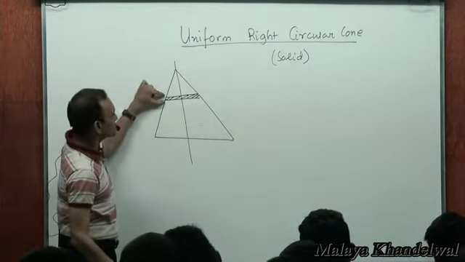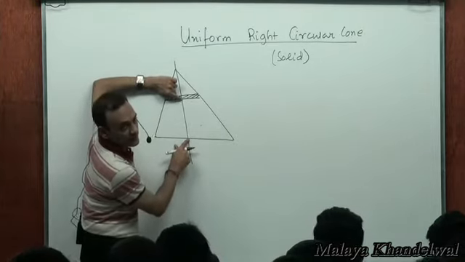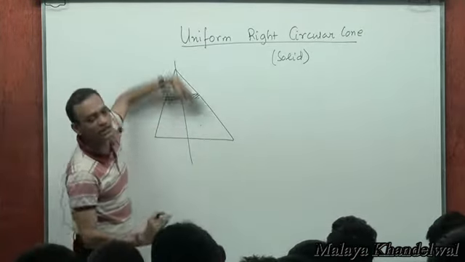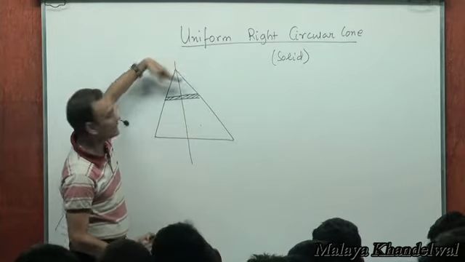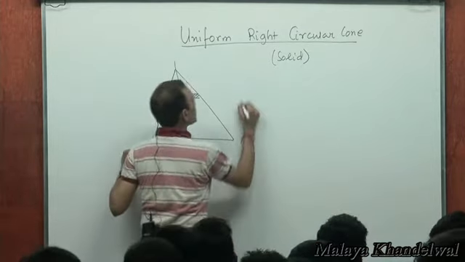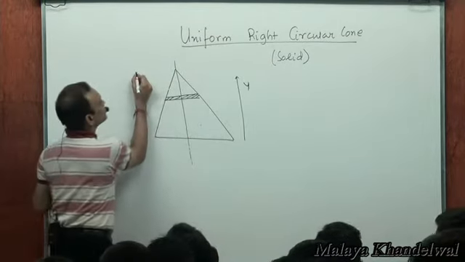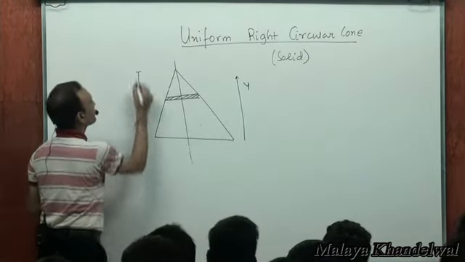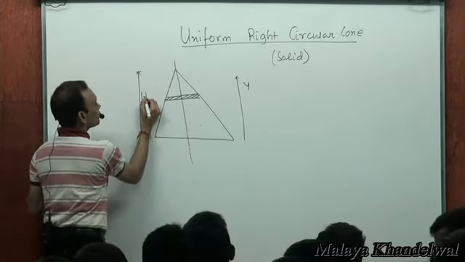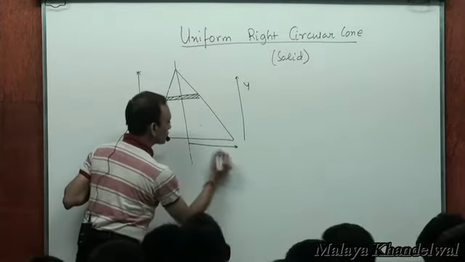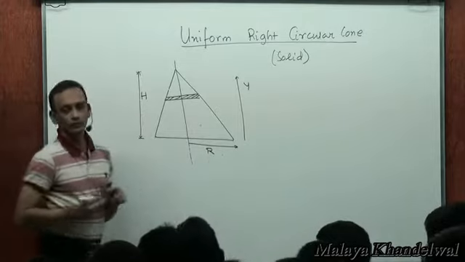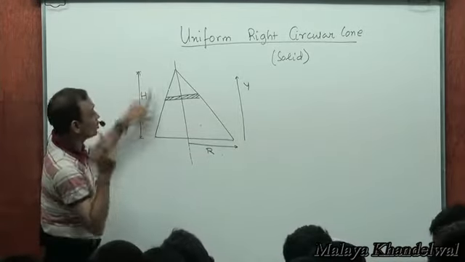The mass of this disk into the y. I do that for all the elements that constitute this disk, starting from y equal to 0 to y equal to the height h.